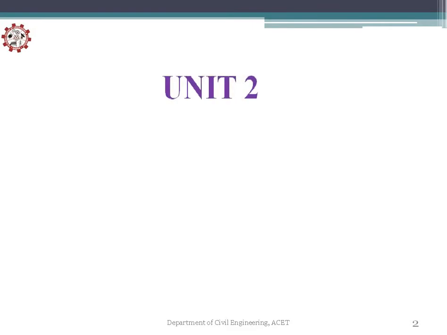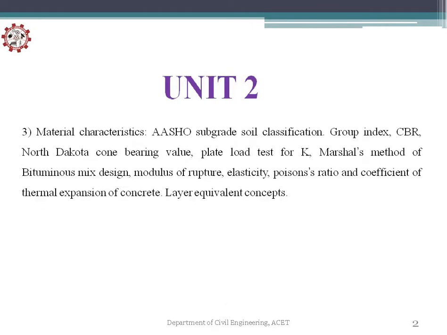So first, in unit number 2 we are going to learn about material characteristics, AASHTO subgrade soil classification, group index, CBR, that is California bearing ratio, North Dakota cone bearing value, plate load test for K value, Marshall's method of bituminous mix design, modulus of rupture, elasticity, Poisson's ratio and coefficient of thermal expansion of concrete, layer equivalent concepts.